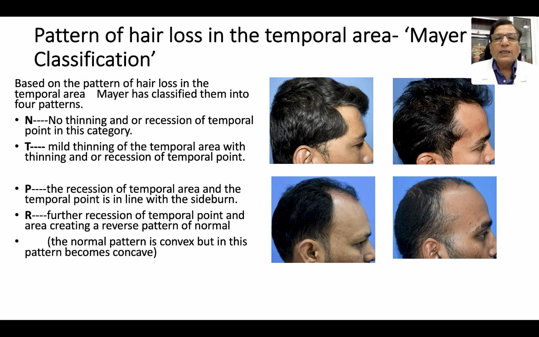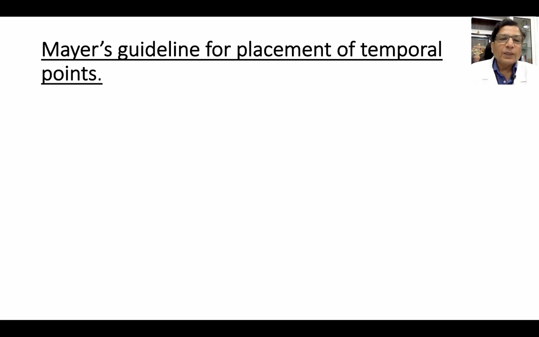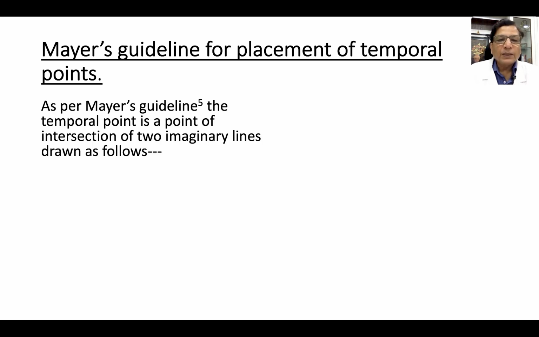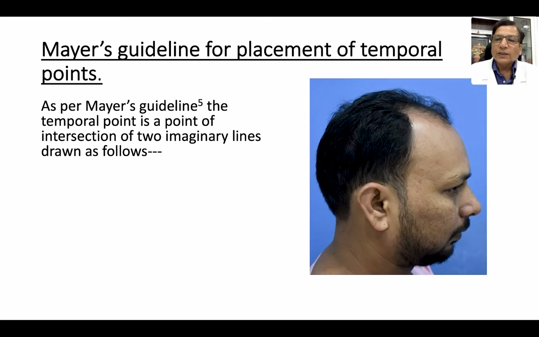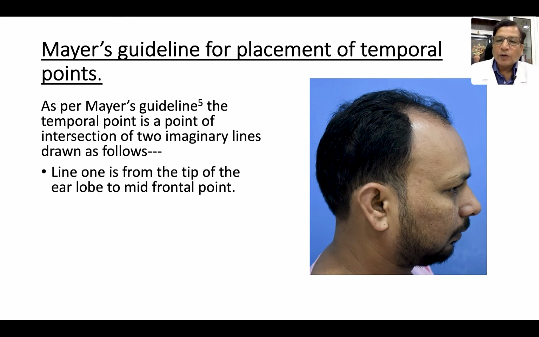The Mayer's guideline for the placement of temporal point. As per Mayer's guideline, the temporal point is a point of intersection of two imaginary lines drawn as follows, like this, which is in class category P. Temporal recession has taken place. So first line is drawn from the tip of ear lobule to mid frontal point. So when you connect both the points, this makes line 1.